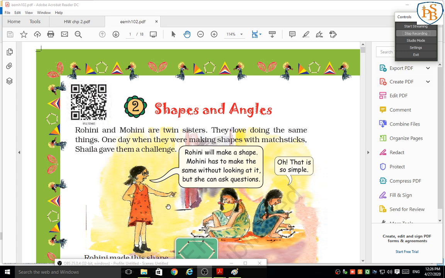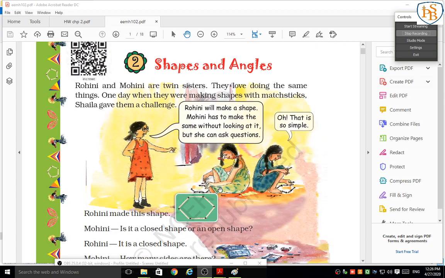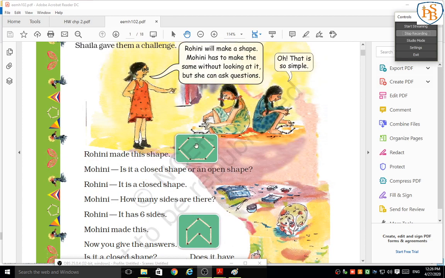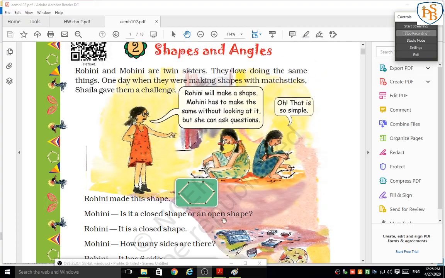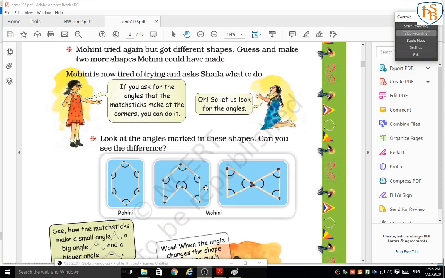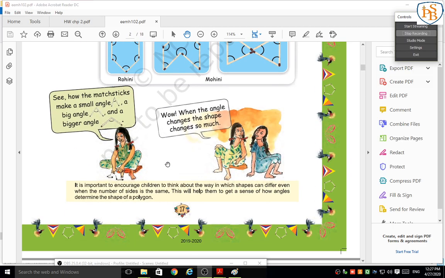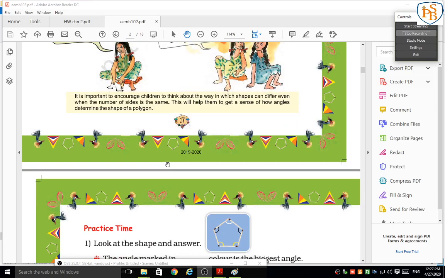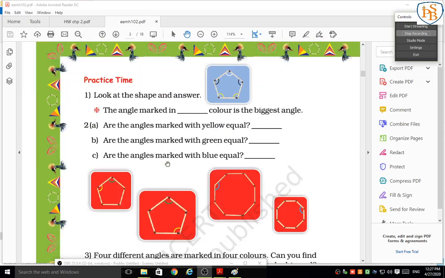In the last two sessions we have already learned about the different types of shapes, correct? Some are closed, some are open. After that we learned the different types of angles. In that I showed you some images of right angle, less than right angle, more than right angle, correct?